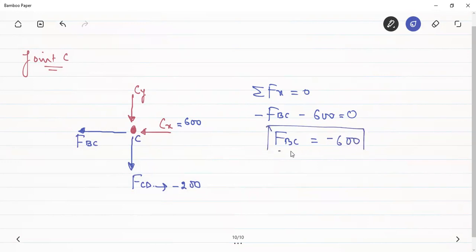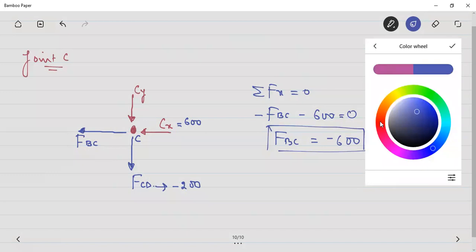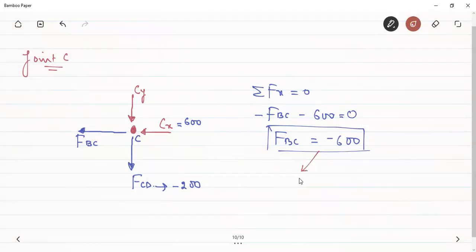And this again says that the force in the member BC is, sorry, it is compressive, because we got the negative value.